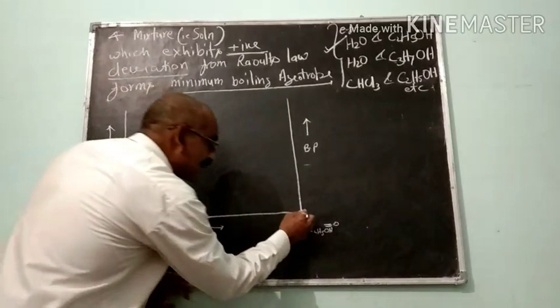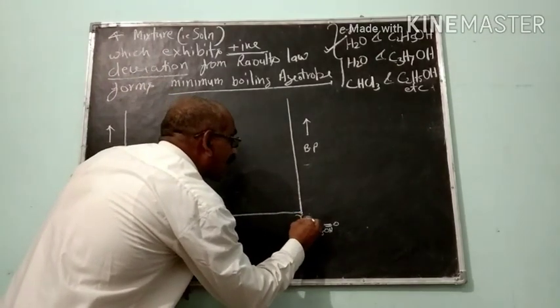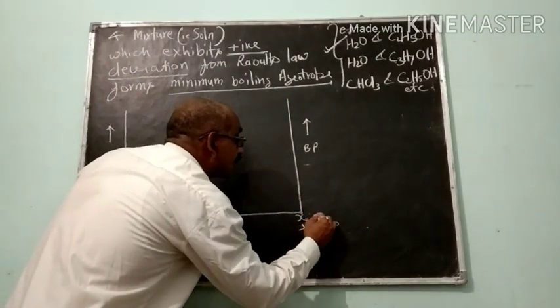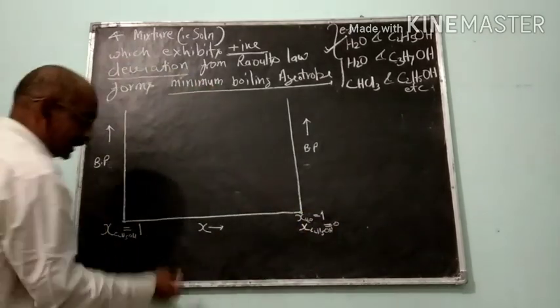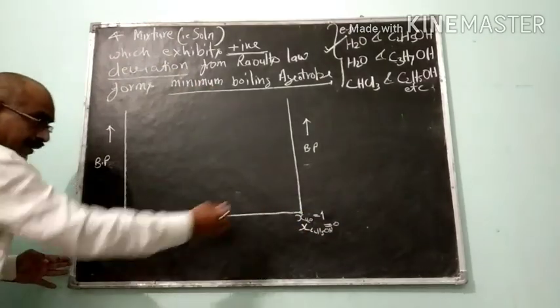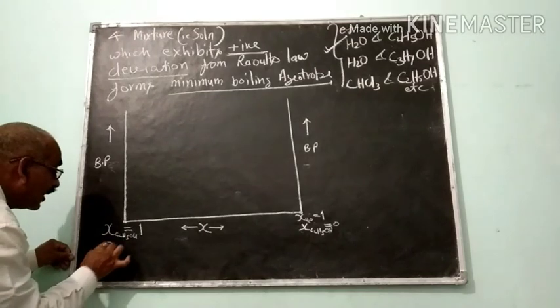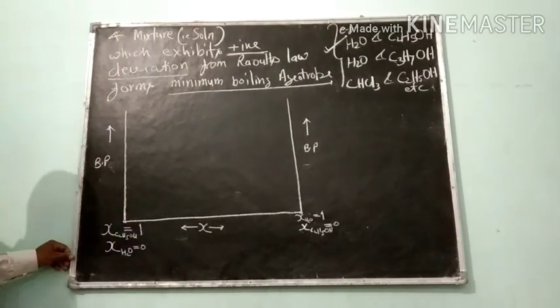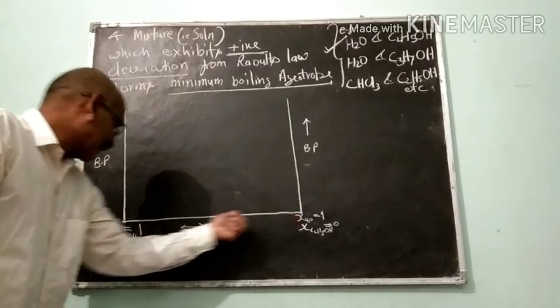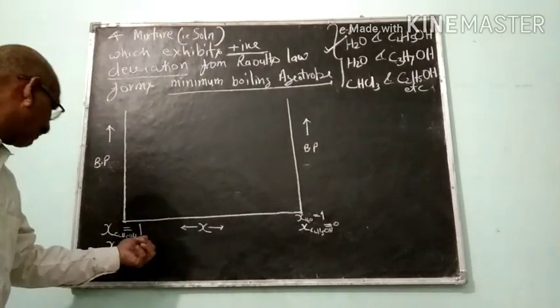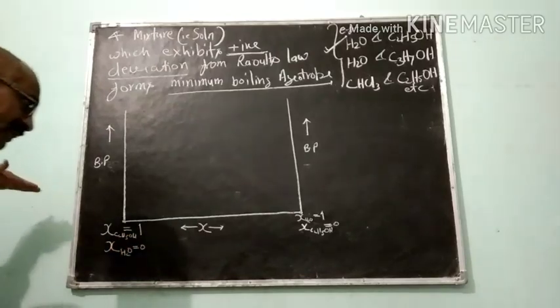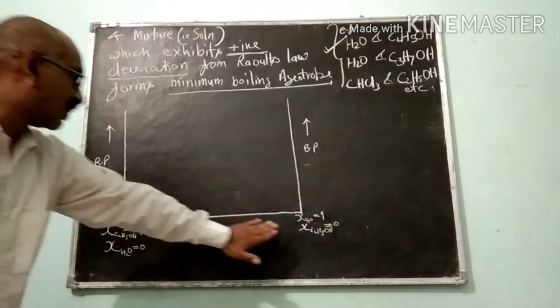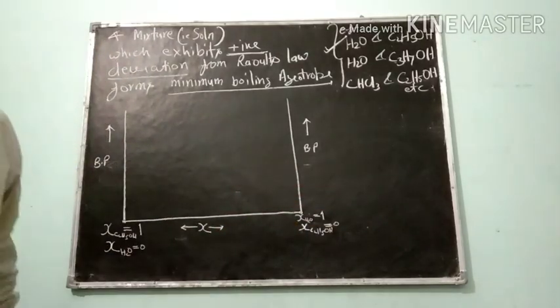While इस point पर mole fraction of water is 100%, जबकि इस डायरेक्शन में ये continuously decrease होते जा रहे हैं और here the mole fraction of water reaches 0. Means in this direction mole fraction of water is decreasing, जबकि इस direction में mole fraction of ethanol is decreasing.